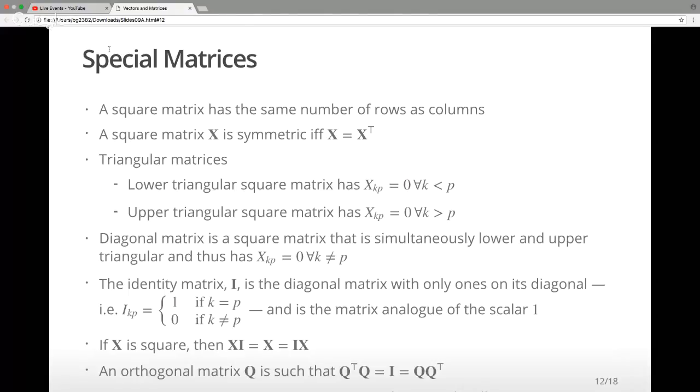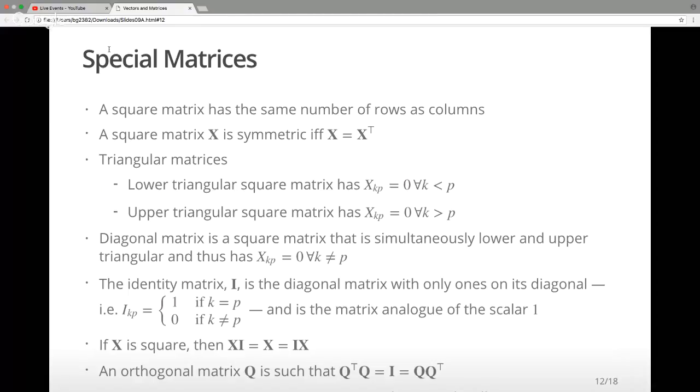So it's going to be 0 whenever the column index differs from the row index. The identity matrix is a special kind of diagonal matrix that has all ones along its diagonal. So I of K by K is going to be 1 along the diagonal, 0 in the off diagonal. This is the matrix analog of the scalar number 1.